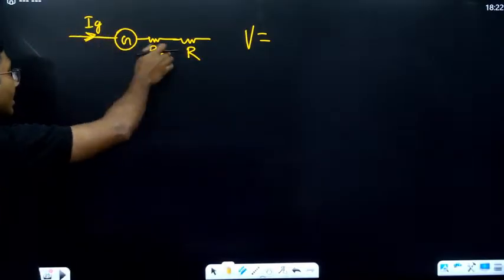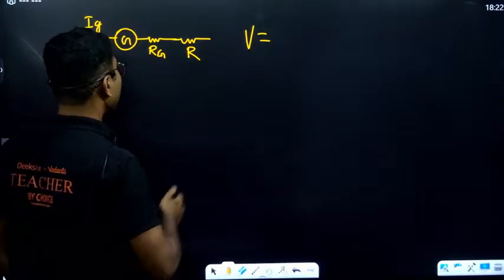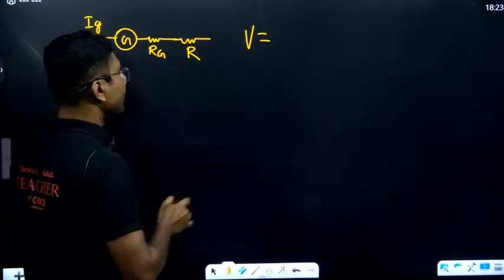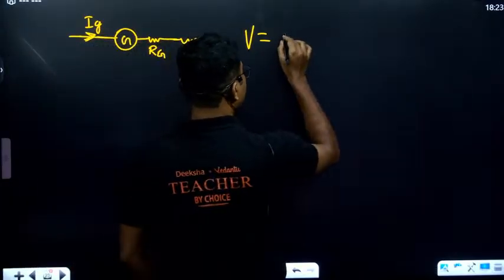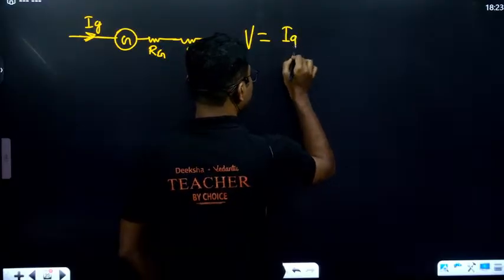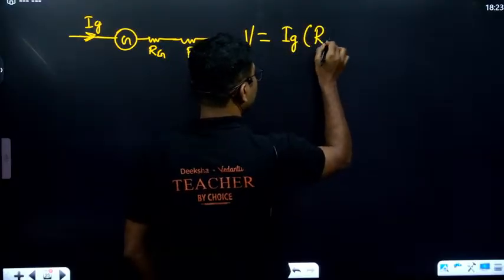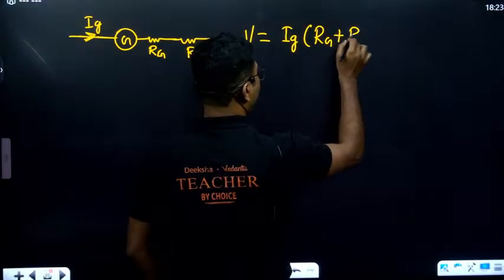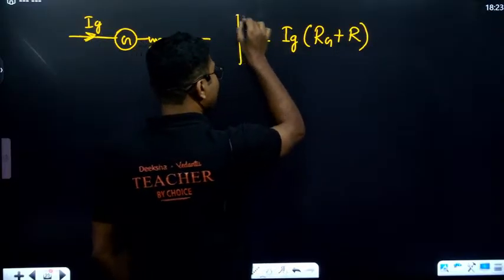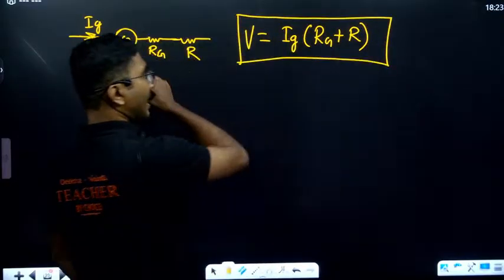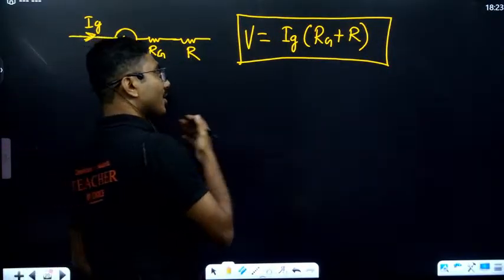So Ig is the current that is entering. So what is the voltage that you are measuring? The voltage that you are measuring is the current passing through the total resistance. This is a very simple, easy formula. Galvanometer to voltmeter is one of the easiest concepts.